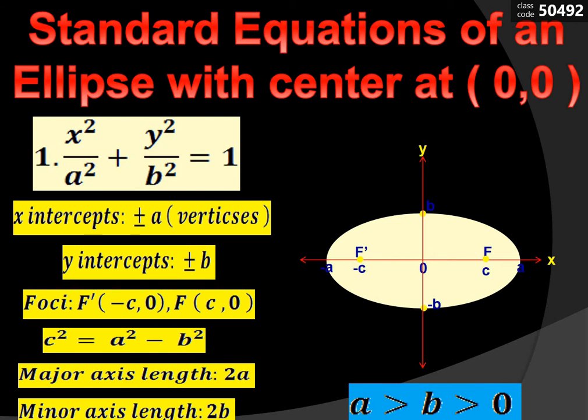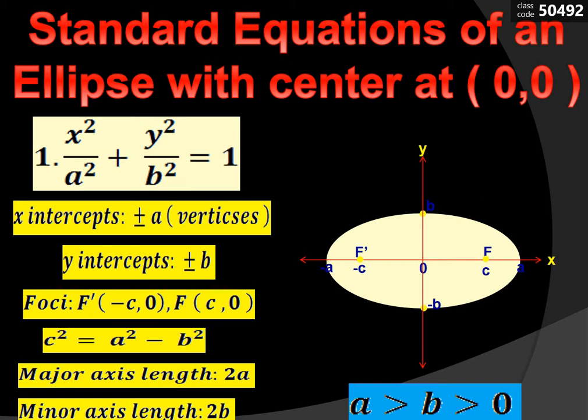So let's have the standard equations of an ellipse with center at 0, 0. Number 1 is x squared over a squared plus y squared over b squared equals 1. The x-intercepts are plus or minus a, the vertices. The y-intercepts are represented by plus or minus b.